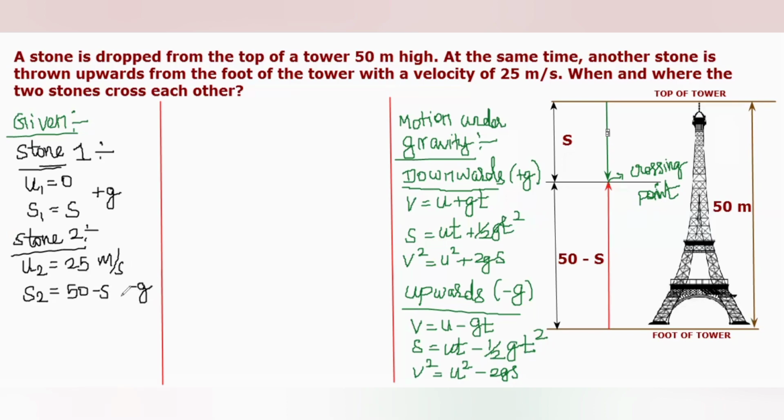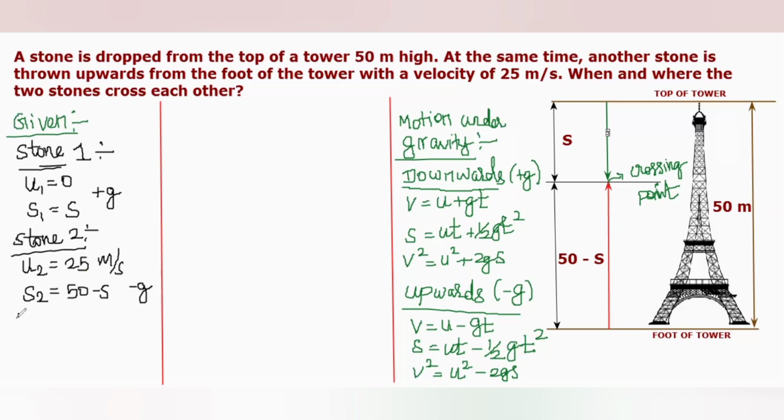Here we know that they cross at the same time, so the time taken in both cases will be the same. So we are going to use the second equation in the downward motion and upward motion, and equate the terms to get the value of s. Then we will find the value of time.